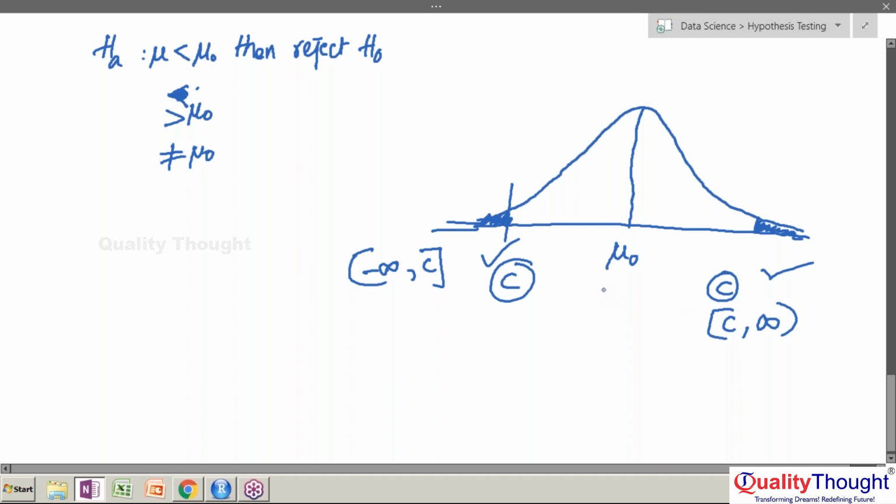What about both sides, not equal to? Minus infinity comma C union C comma infinity. That's why we call these critical values. We know how to identify these critical values very well.